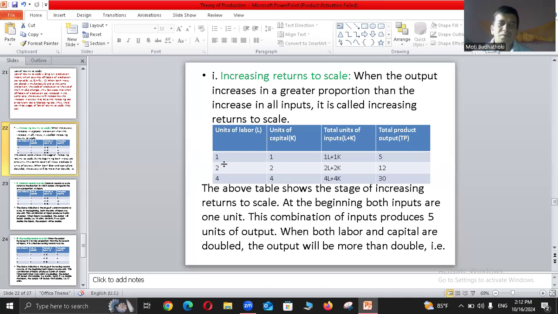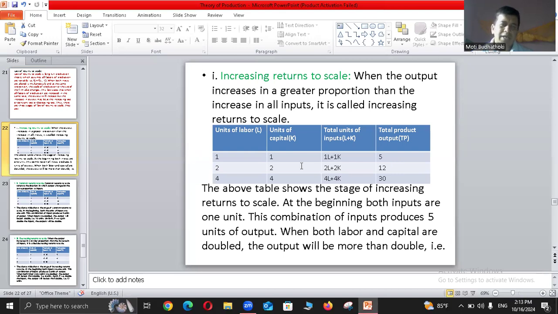And if we double the units of labor and units of capital, in that time we get the production, that is TP, more than double. Here is 5 at first, 5 twos are 10, but here is 12. That means if we double the units of labor and capital, we can get more than double production.